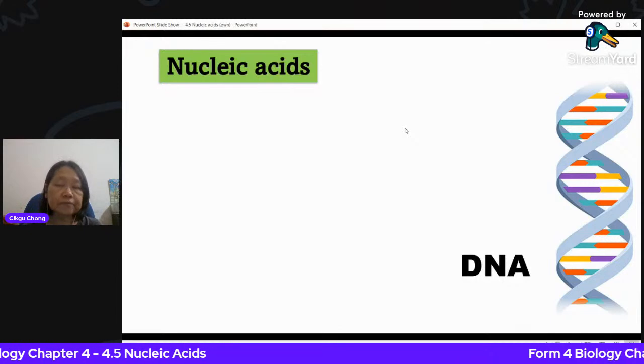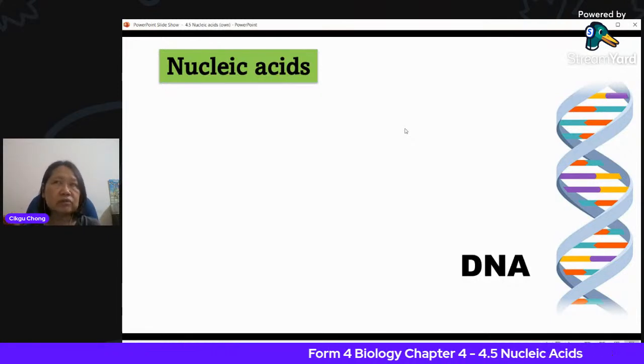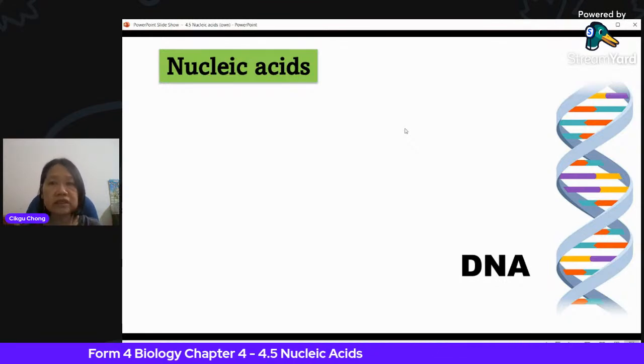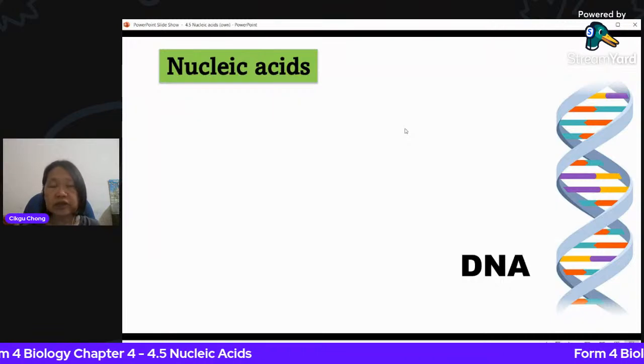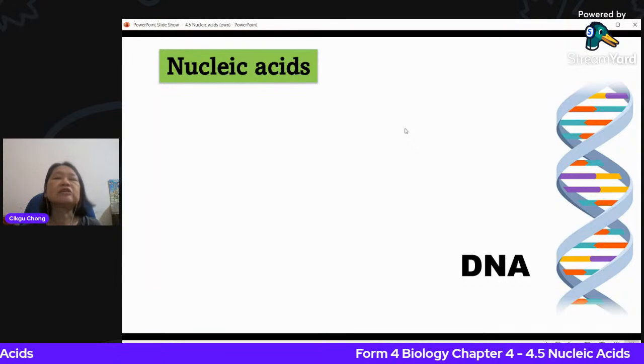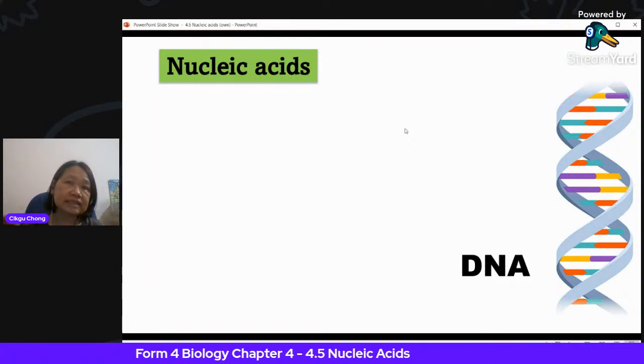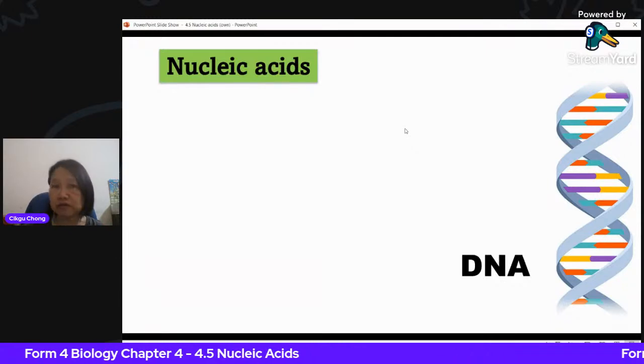So the formula, or what they call the code, to make the protein is actually found in the DNA. So it carries a unit of inheritance. It passes down information from a cell to the other cell, which we call the offspring.